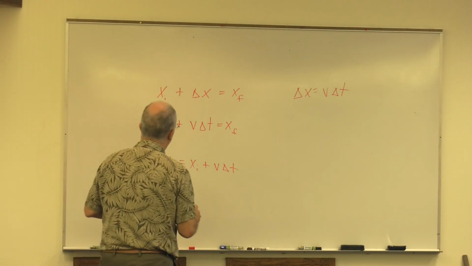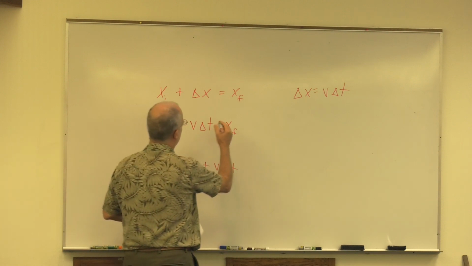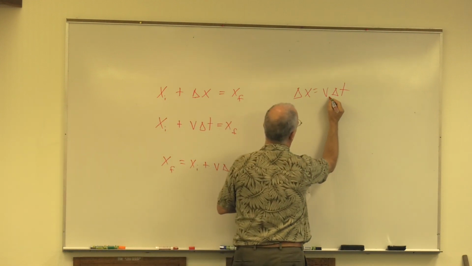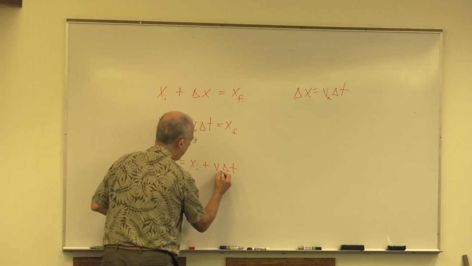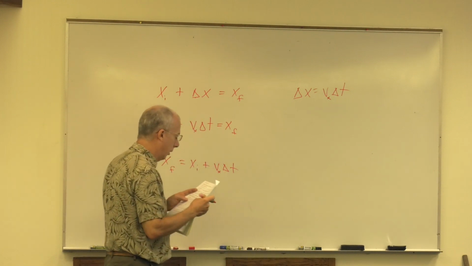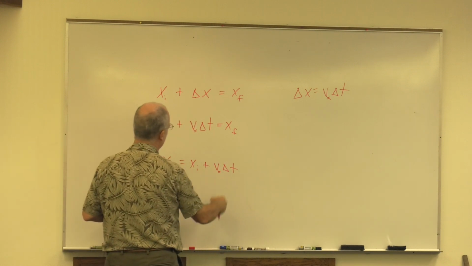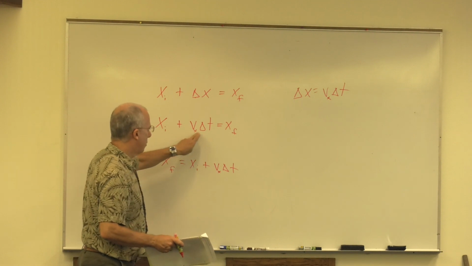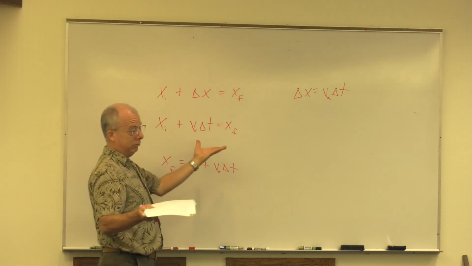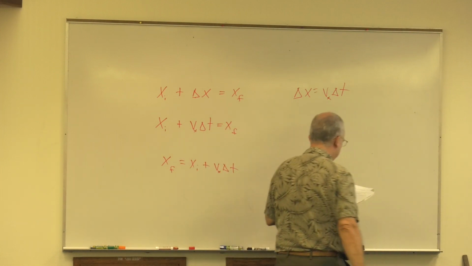And I suppose we're only going in one dimension, so I could put a little x here, it's v x. I assume you understood that, but it doesn't hurt to put it. So x final equals x initial plus v delta t. And all it means is you start off somewhere, you move for a certain amount of time, and you end up somewhere else. Good, that makes sense.